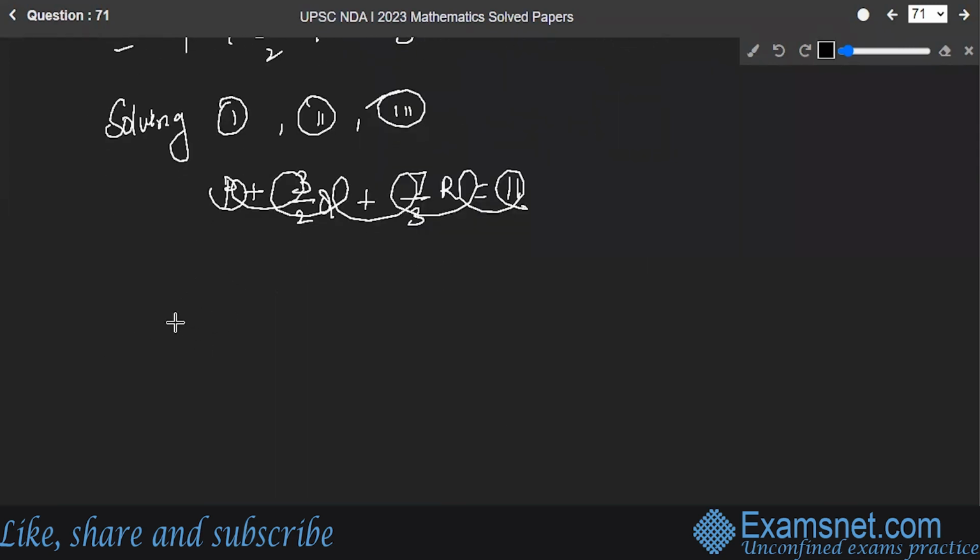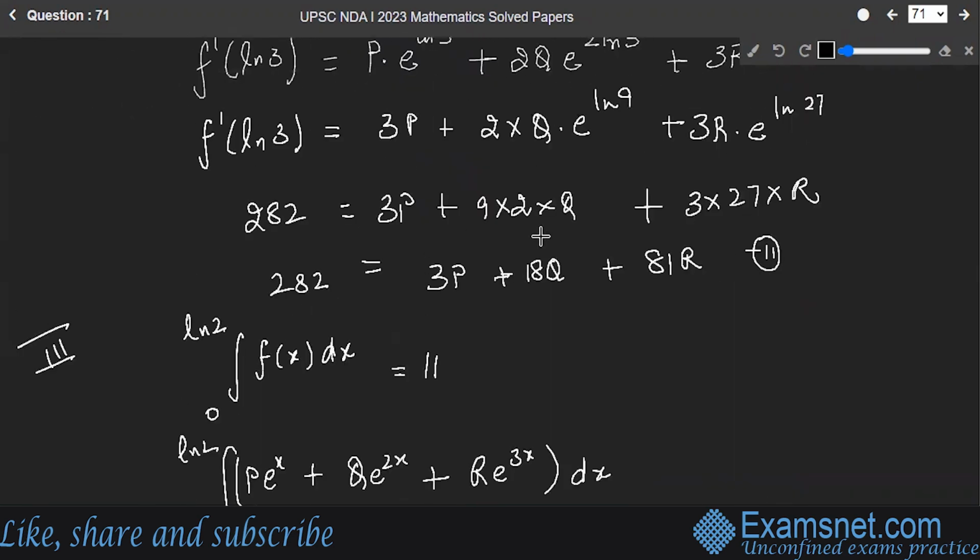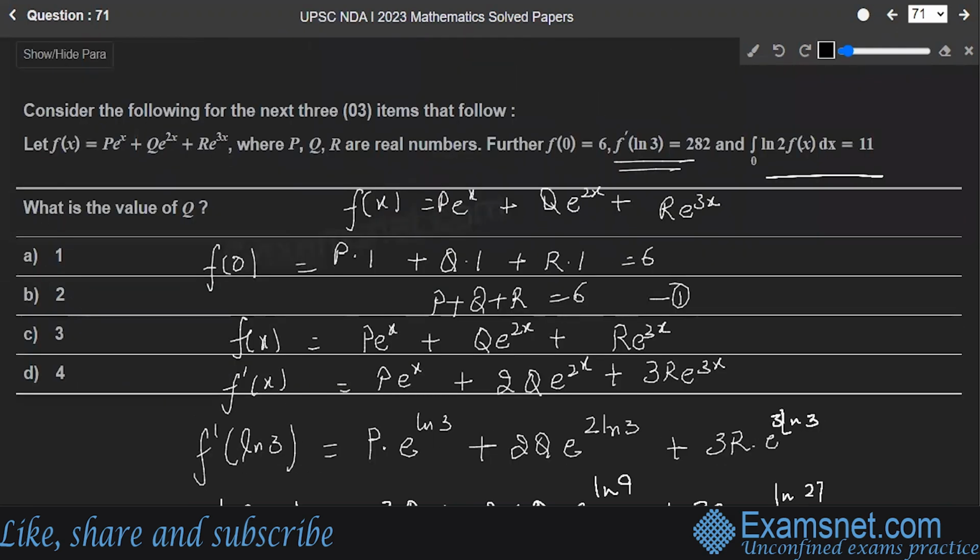So on solving 1 and 2 and 3, you will get the value of p to be 1, q to be 2, r to be 3. I hope you know how to solve them simultaneously, because it will take a long time. Now we have to find out what is the value of q, that is equal to 2. Option B is the correct answer.